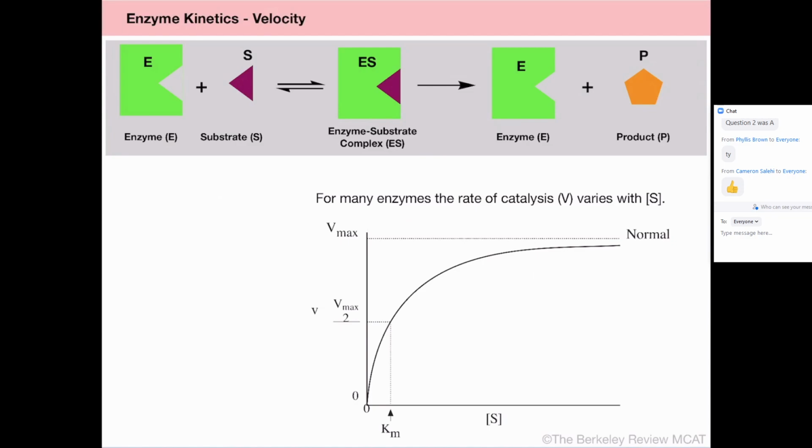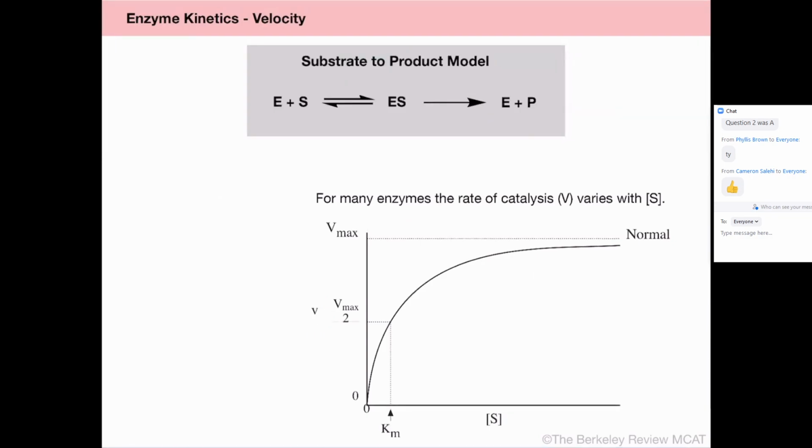In other words, we care about the velocity of the reaction. And in a biological system, at least for our model, we're going to assume that the enzyme concentration is fixed. There's just a fixed amount of enzyme in your body, and this will allow us to make a model.